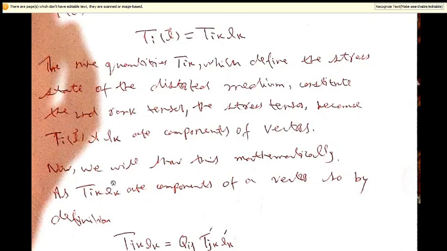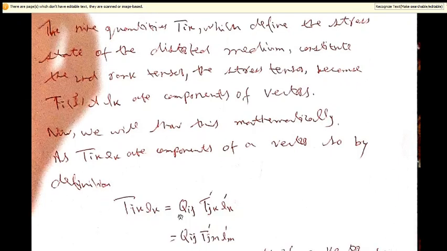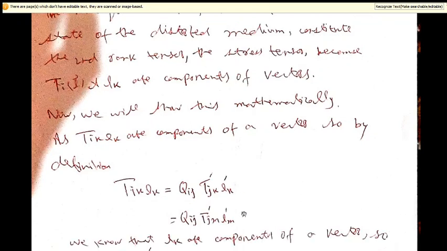Now we will show that these are the components of a second order tensor. We know that these are the components of a vector. So by the definition of a vector, we can write Tik lk equals Q T dash j, with i here, and k, T dash l dash.